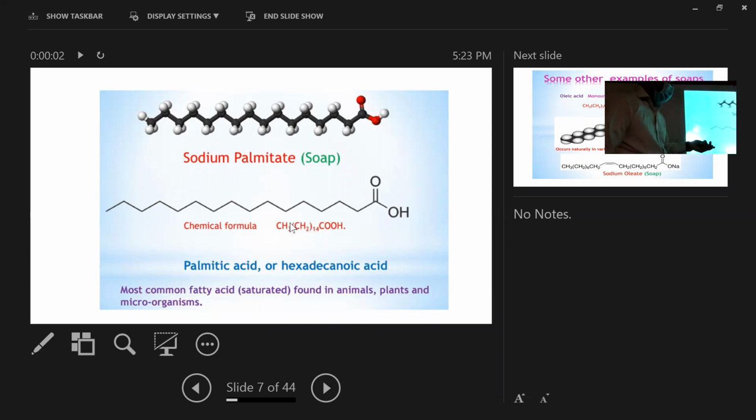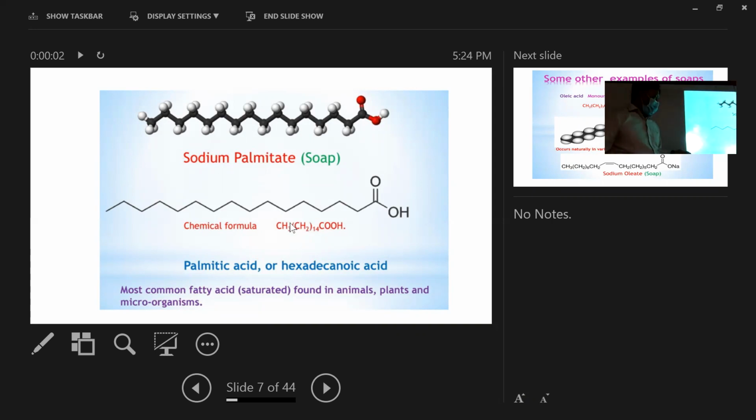Most common saturated fatty acid found in animals, plants and microorganisms. Most of the time, the ingredients used to prepare soaps are fatty acids, and those fatty acids are mostly saturated. You may like to eat different types of fatty meat.